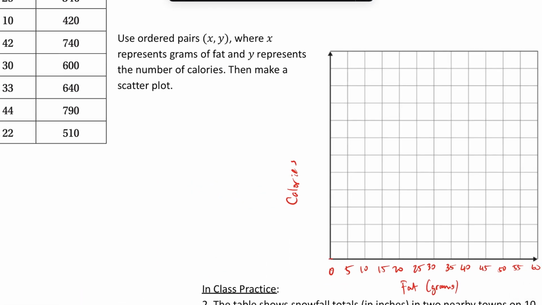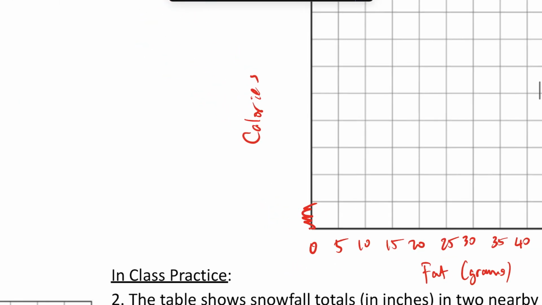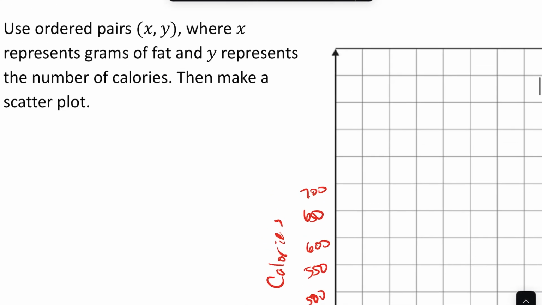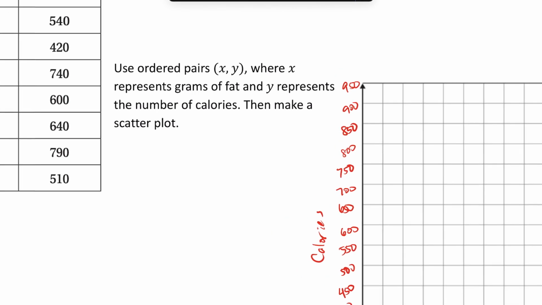So maybe I'll start with a break in the graph like this. If you draw a little squiggly at the bottom of the graph, that represents a break. And then I'll start at 400, and then I'll go up by 50s. Okay, and now I could plot my data points.